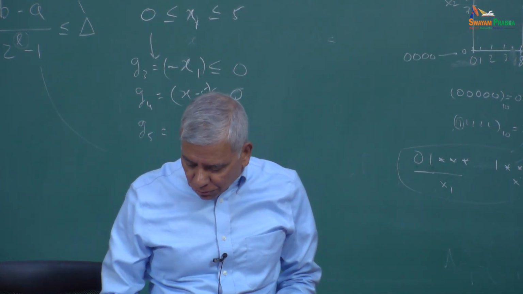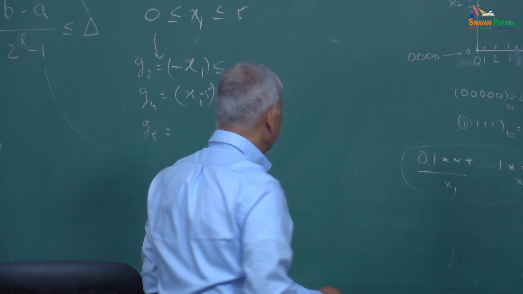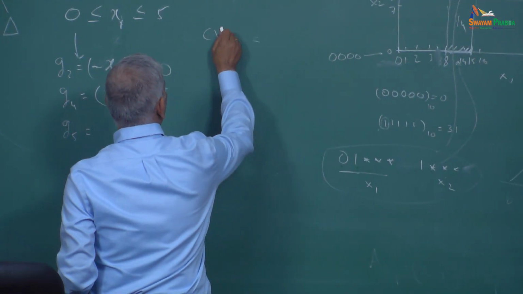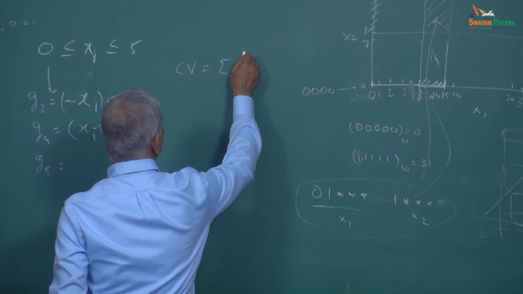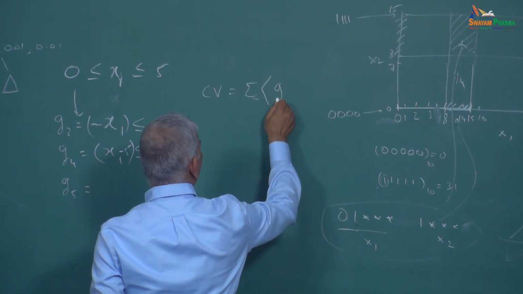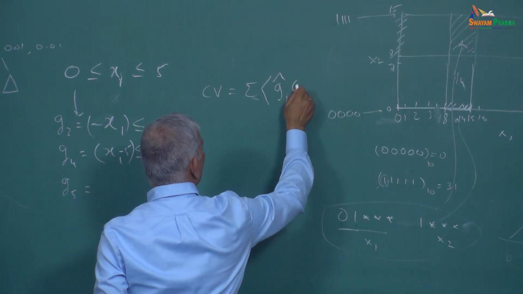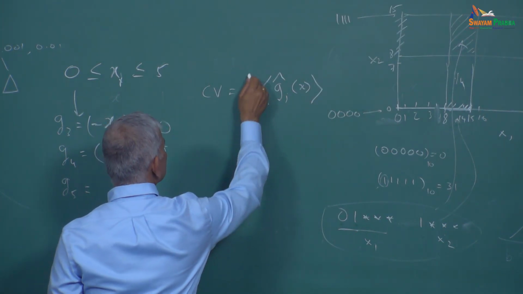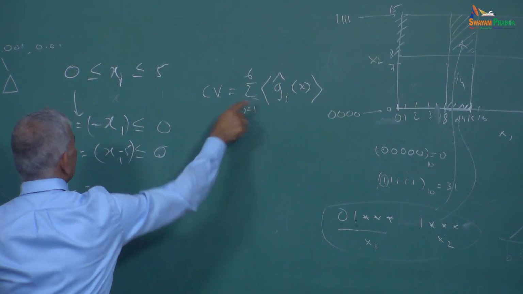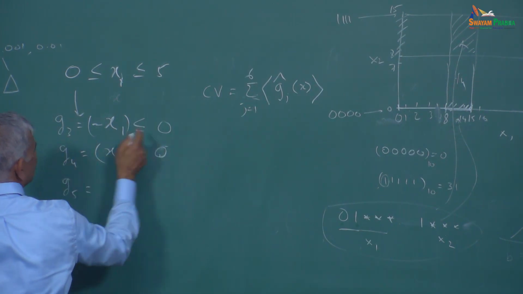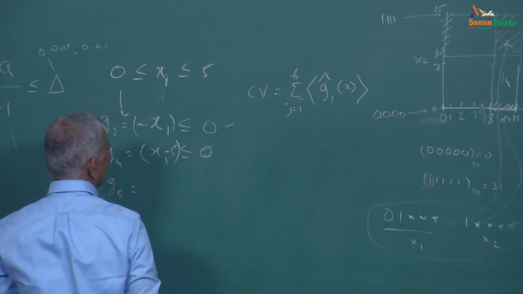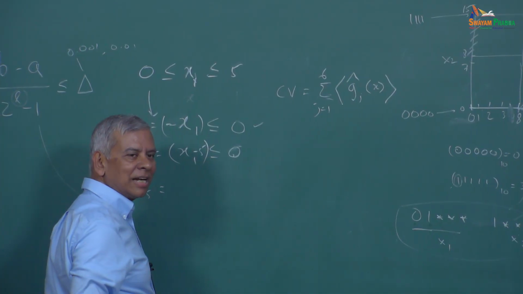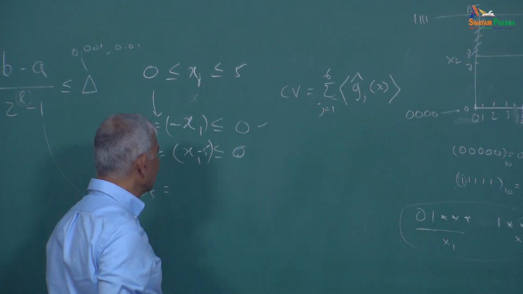And now you need to compute the CV. Remember the way you do CV? CV is the sum of bracket operator for all Gj normalized. You will have a good exercise with this. So j going from 1 to 6. Now how do you normalize this one, for example? I don't have a right hand side value other than 0, so I shouldn't divide by 0.